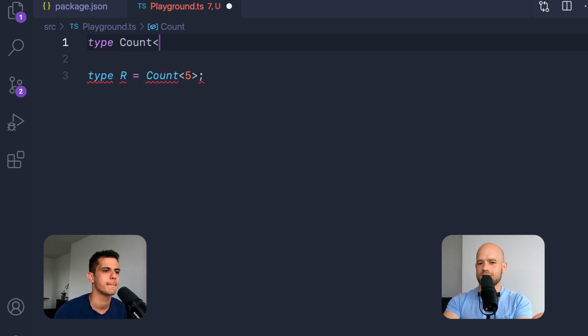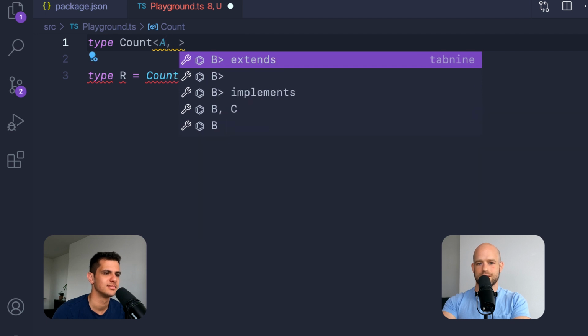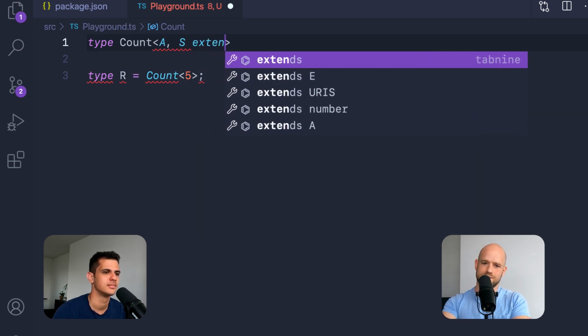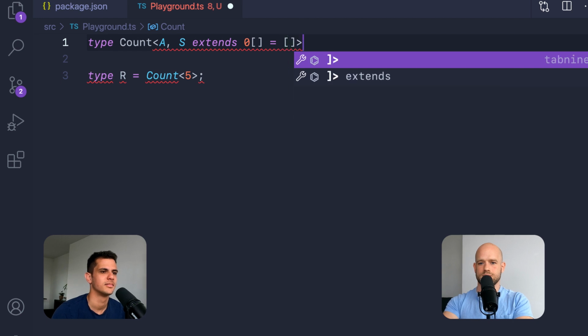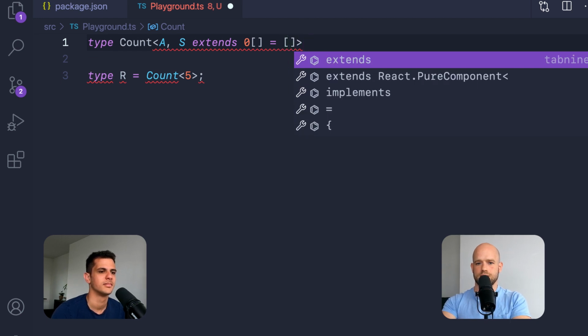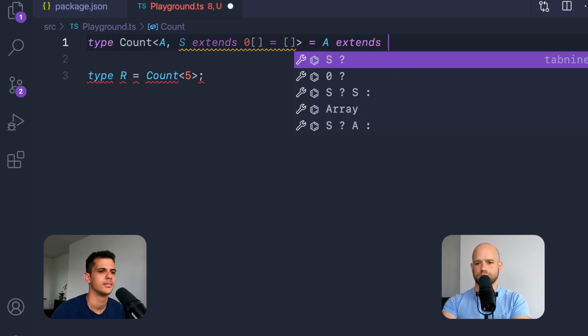Now you have a pretty good intuition on how we count. So A, and then state, it's always the same. Let's say extends array of zeros, default value zeros. And so if A, here it's pretty repetitive because we use this technique all the time, but trust me, it's going to be worth it.